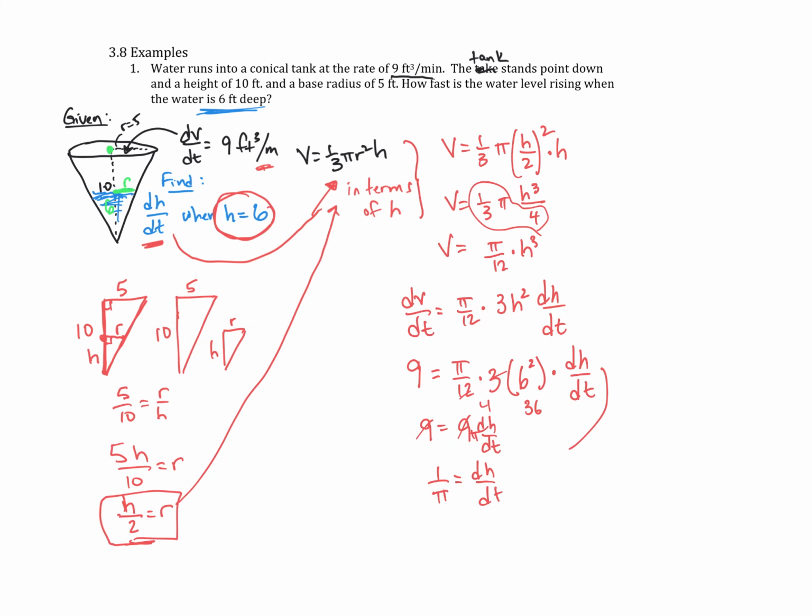So basically I just solved it for dh/dt right there, and 1 over pi comes out to be approximately 0.32 feet per minute, and that's my dh/dt. You can leave it as 1 over pi, that's fine.